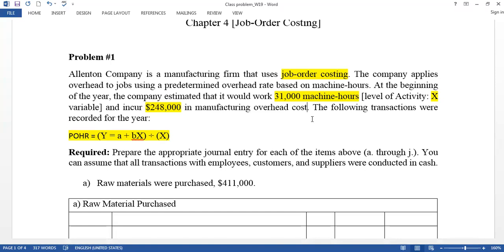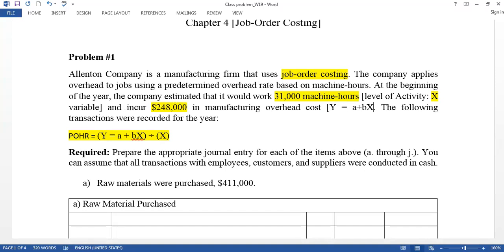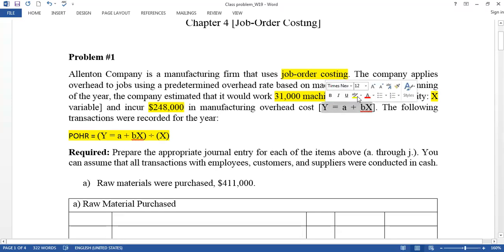So this is our Y equal A plus BX. Y is the total cost, and Y is given.